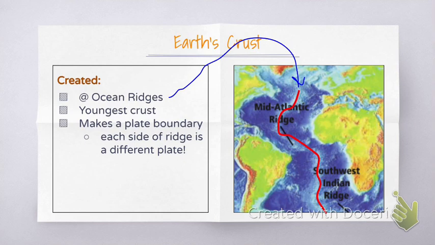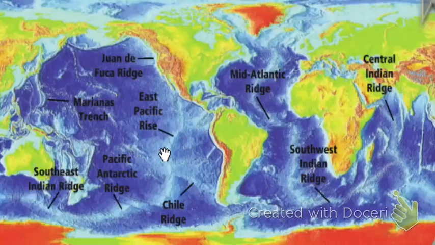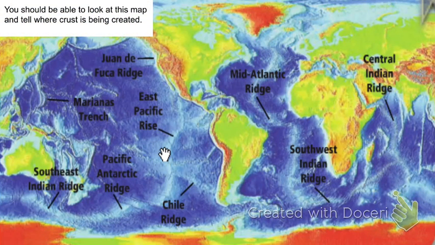So there's the ridge, and then you've got the South American plate and the African plate running right through at the boundary between the two there. You should be able to look at a map like this that shows elevations through the oceans around the planet, and figure out where the new crust is being created around the planet.